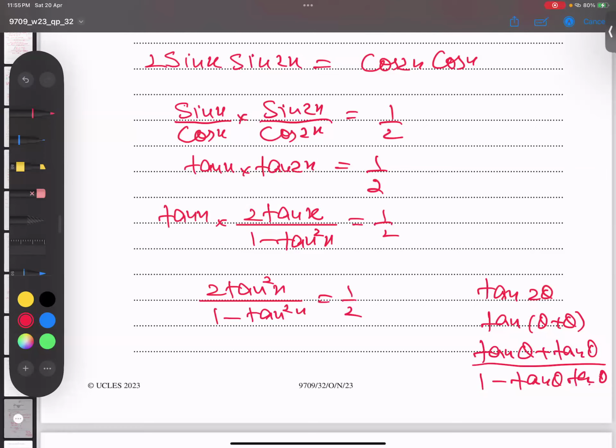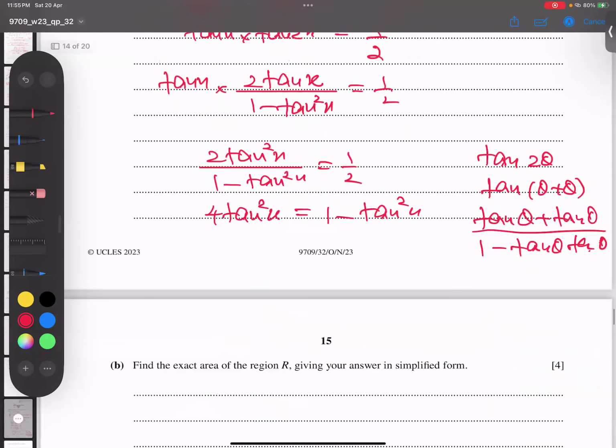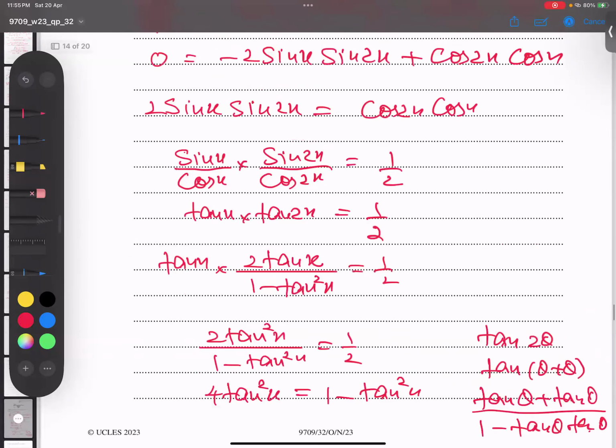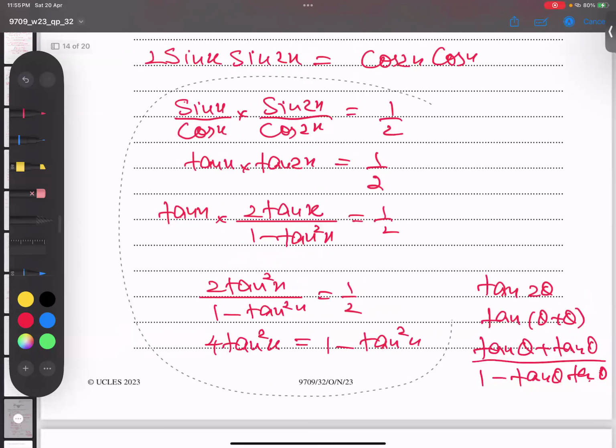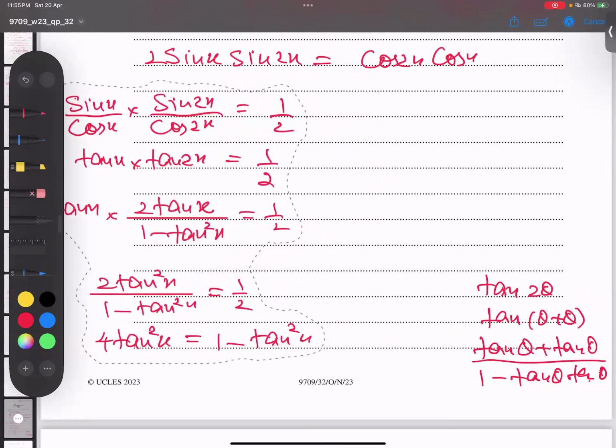So students, cross multiply. I believe you're understanding up till now. If I cross multiply, I get 4 tan square x equals 1 minus tan square x. Wait a minute, I have to cover the whole thing on the same page, so I have to drag it slightly left.